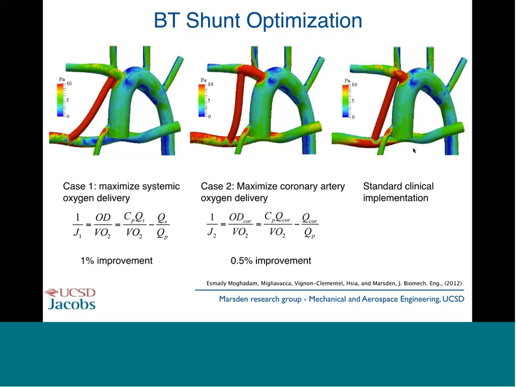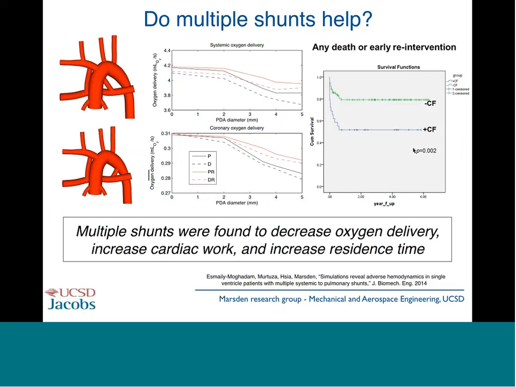We then examined another option, which is actually one that's performed at many leading centers, and this is the idea of implanting a second shunt. So you can see here the BT shunt, and there are 2 options for providing an additional source of pulmonary blood flow.